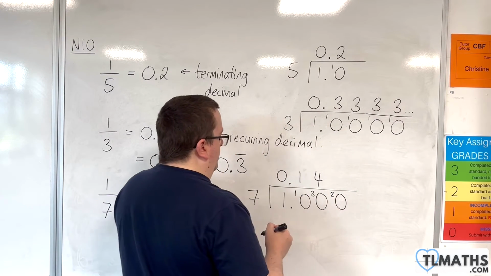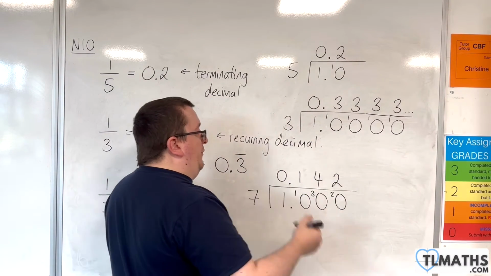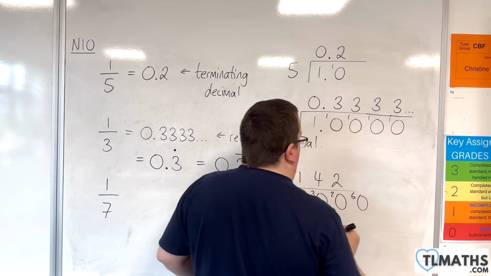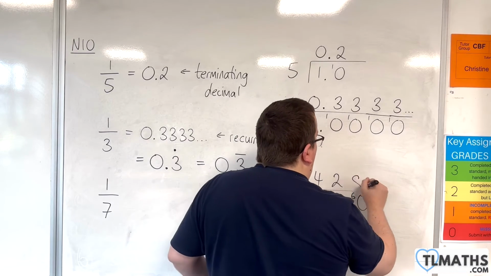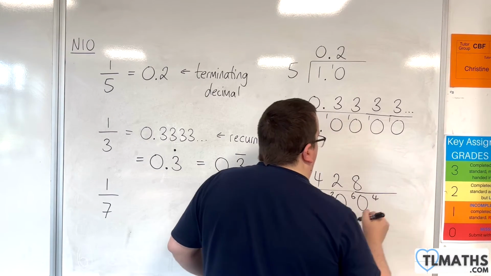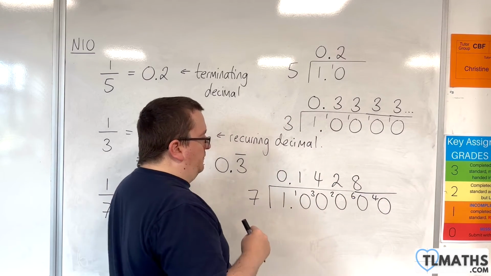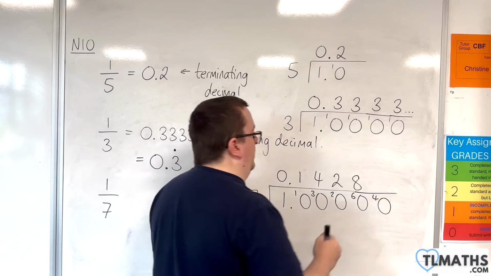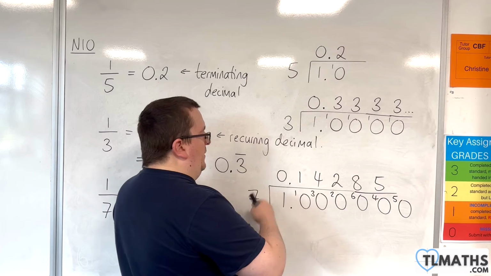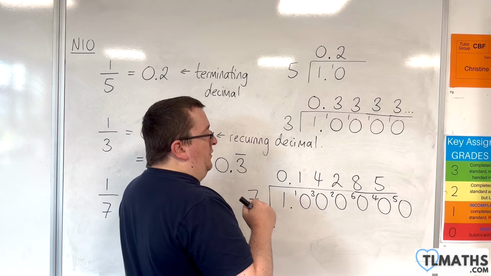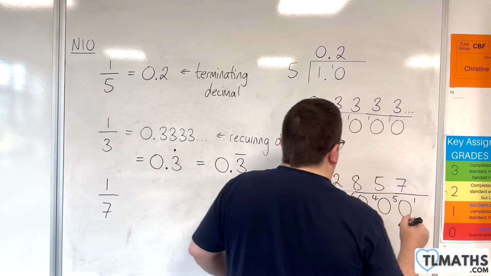Bring in a 0. 7s into 20 go twice, 2 7s are 14, with 6 remainder. Bring in a 0. 7s into 60, well 8 7s are 56, so 8, and so 4 remainder. Bring in a 0. 7s into 40 go 5. 5 7s are 35, so remainder 5. 7s into 50, 7 7s are 49, so that will go 7, with 1 remainder.